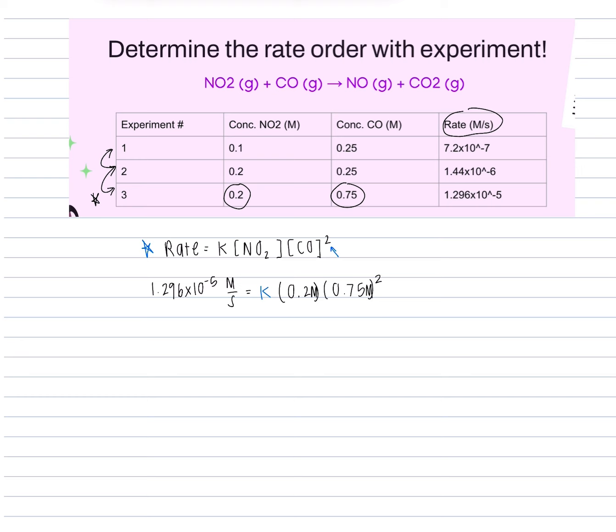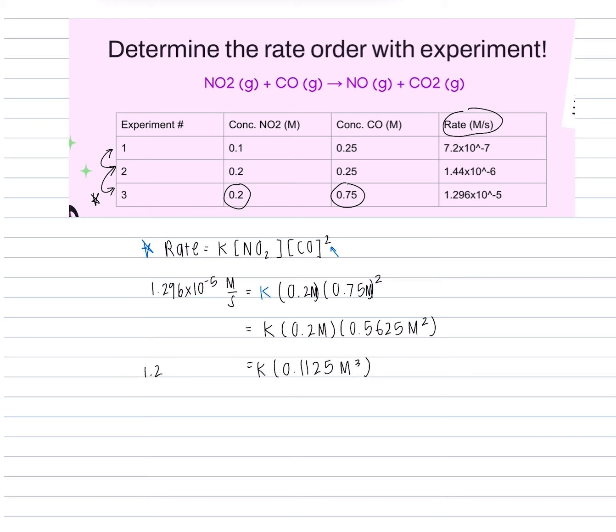So this is going to become k times 0.2 molarity times 0.5625 molarity squared. This becomes k times 0.1125 molarity cubed, if I do my math.